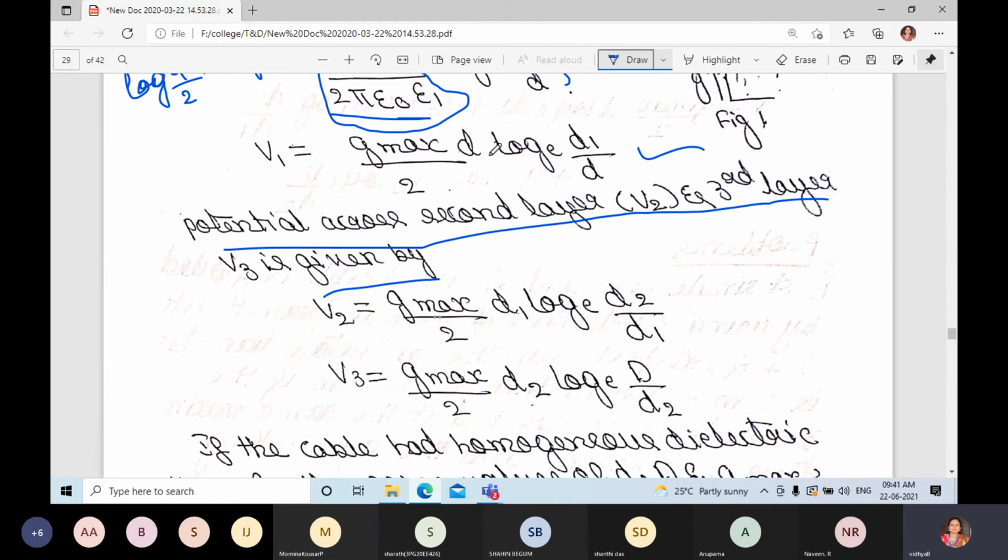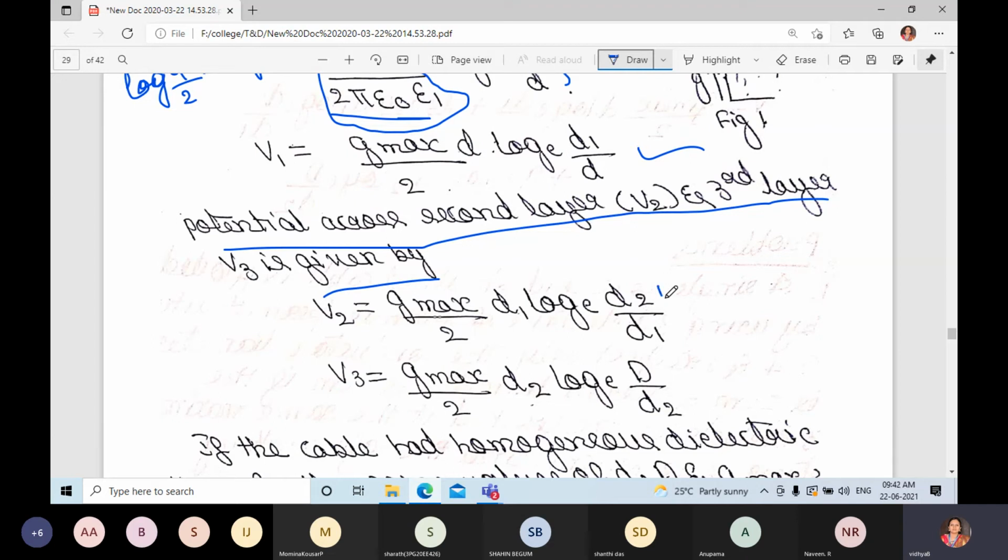This equation we have written by using the first layer, that is conductor d and d1. So we can write G max divided by 2, instead of d, d1, we need to write log e d2 divided by d1. Similarly for the V3 equation, G max divided by 2 d2, because next step is d2 log e.